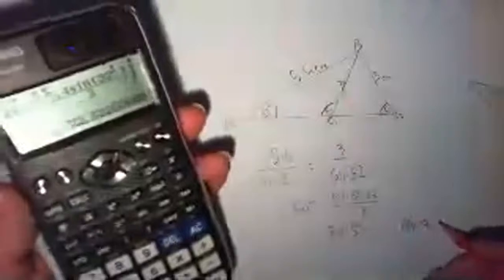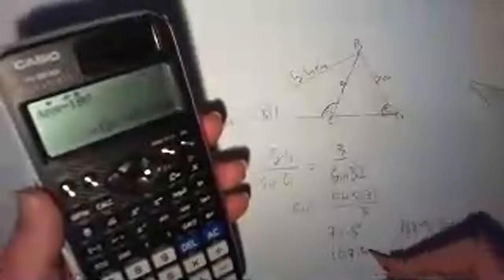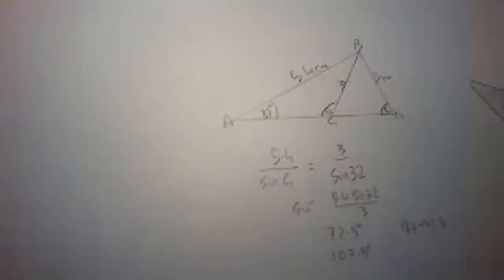So if I take 72 and a half from 180, I'm getting 107 and a half, let's call it. So the other possibility is 107 and a half. So one of them is 107 and a half, probably this one, because it looks obtuse. This one looks acute, so it looks like 72 and a half. But there is two possibilities. So there you go. There's a nice little tricksy one just to get you started. I think it's a lovely one, actually.